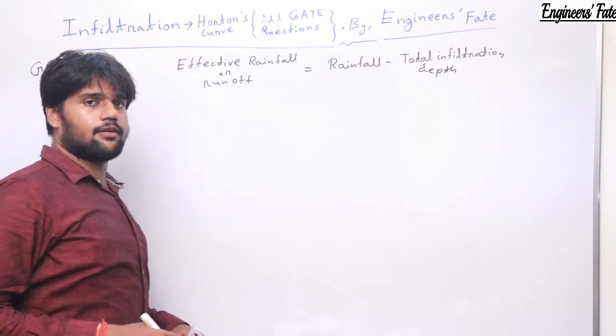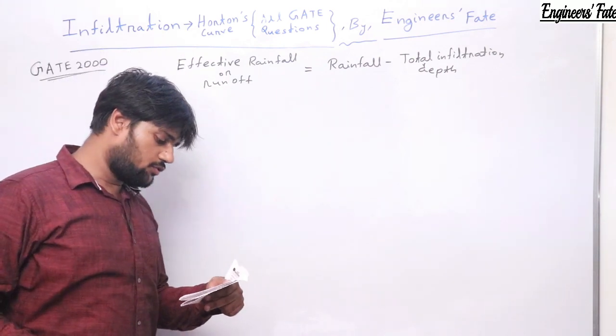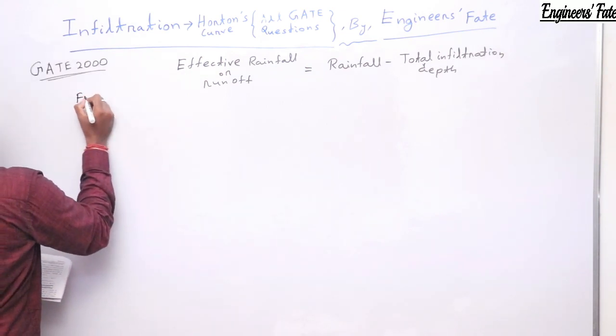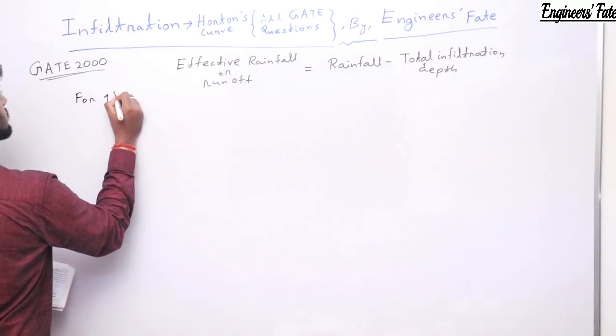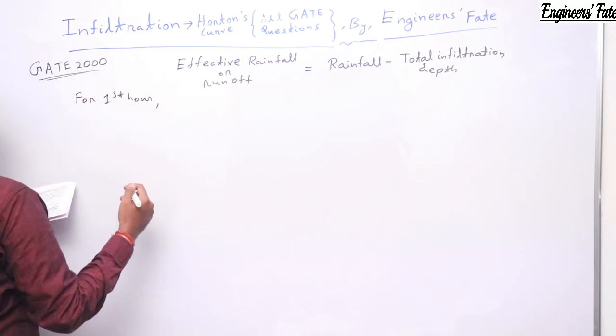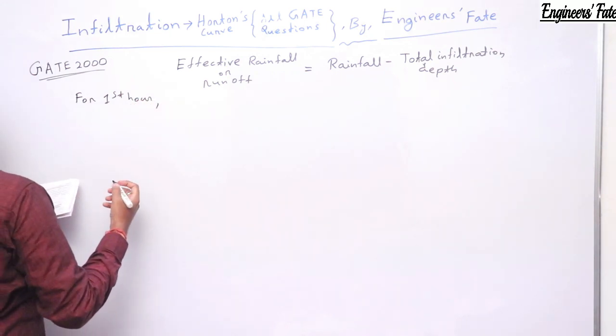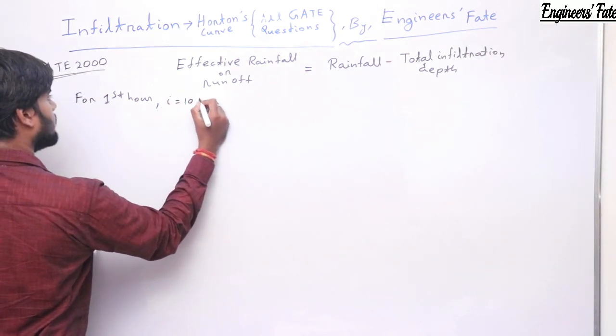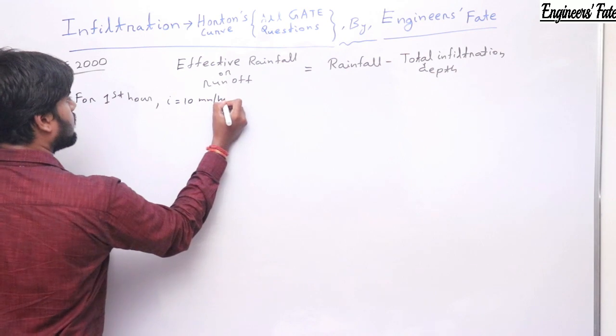So how to find rainfall? Let me write for first hour, the intensity of rainfall is given as 10 mm per hour. So intensity I equal to 10 mm per hour.